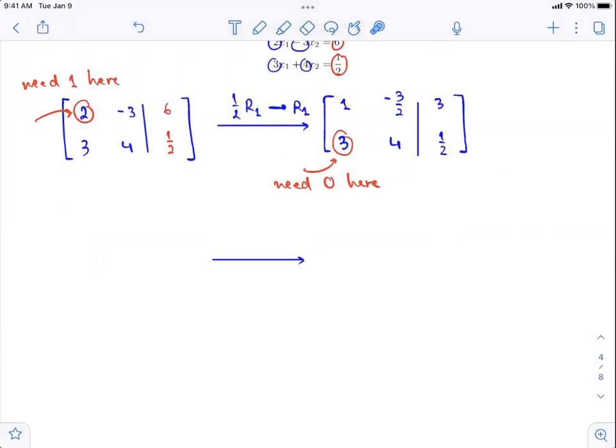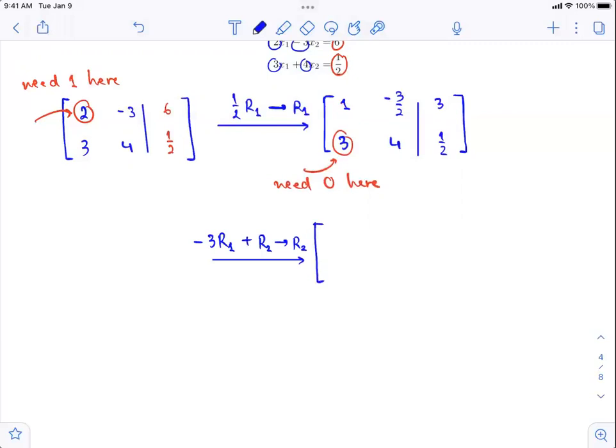So I'm going to multiply by -3. Why -3? Because we have +3 here, and to turn that 3 into a 0, I need the -3. So -3 times 1, where 1 occurs in row 1, so that's why I do -3 times row 1 plus the second row to create a new row 2.